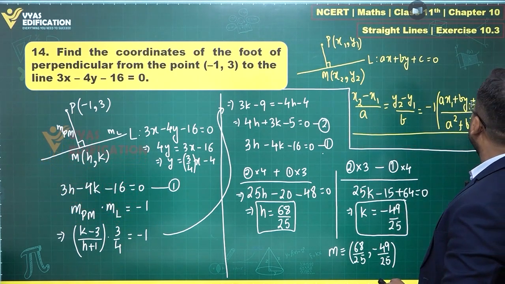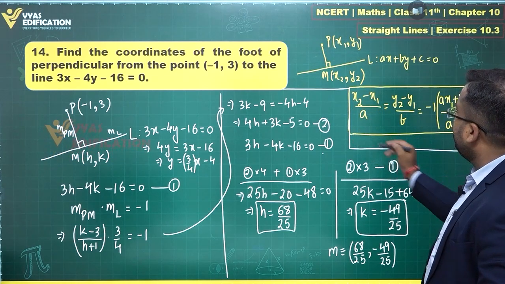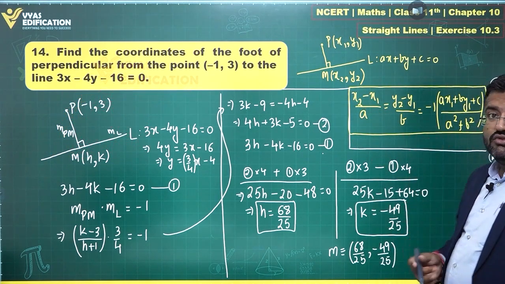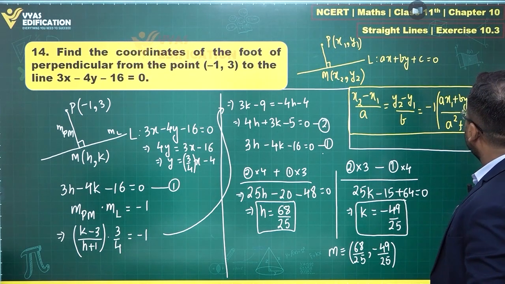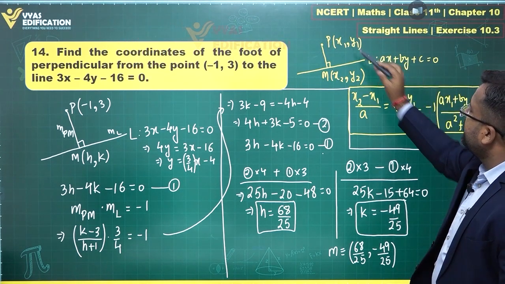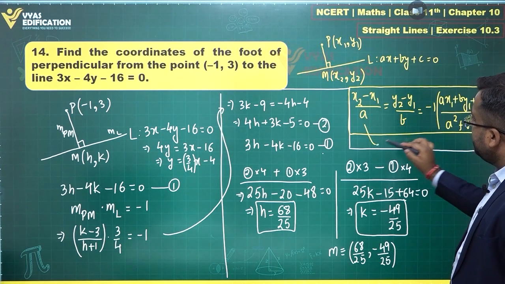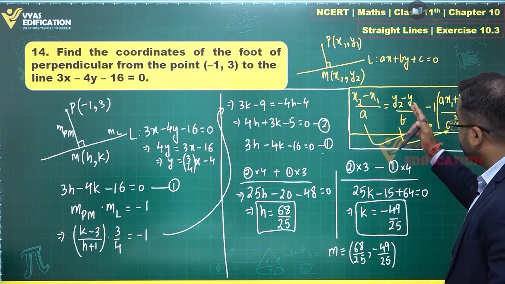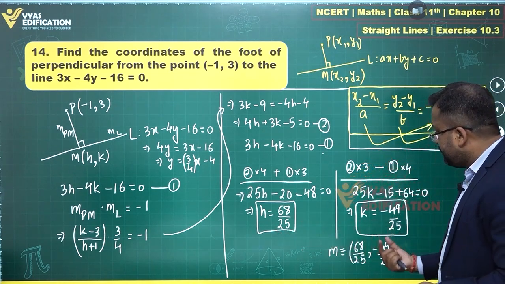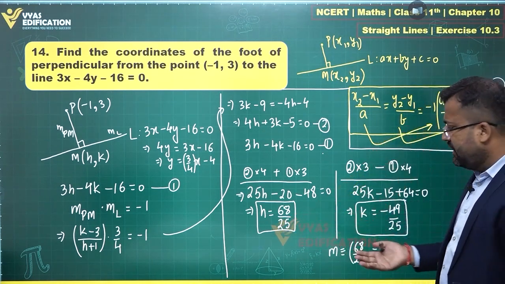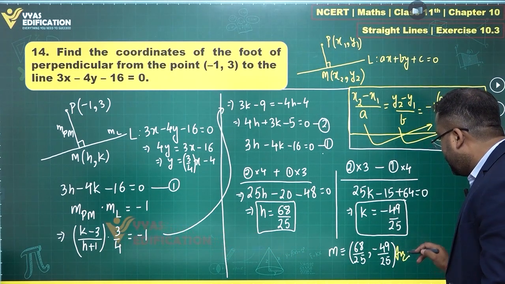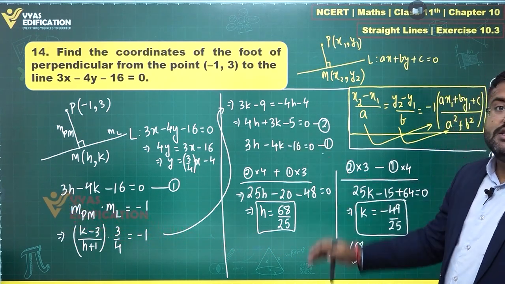This is the result that we can use to get the foot of the perpendicular directly. This expression can be calculated with the help of this and this, and using this with this we get x2, using this with this we get y2. This is something which you can do on your own, and yes, this is the final answer for this particular question, as you can see behind me.